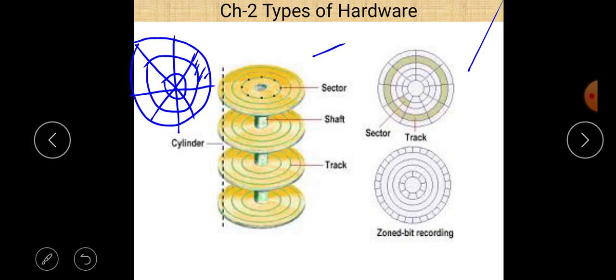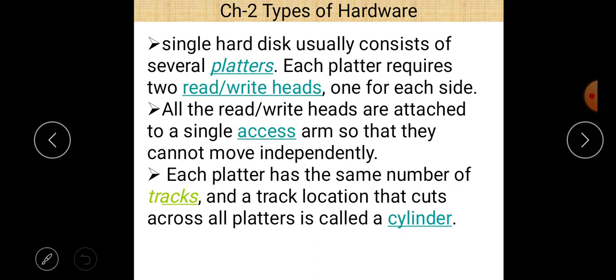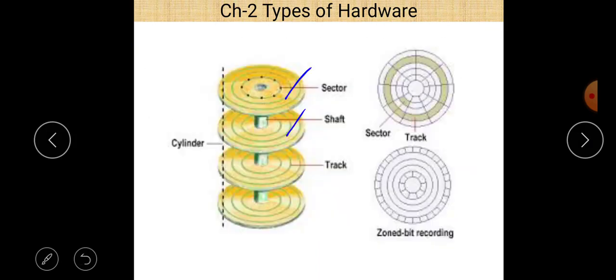A hard disk is divided into different disks, or we can say different platters. So these are the different platters, 1, 2, 3, 4 platters, and these platters are divided into different sectors and tracks. Tracks are nothing but the concentric circles, while sectors are the pie-shaped regions.